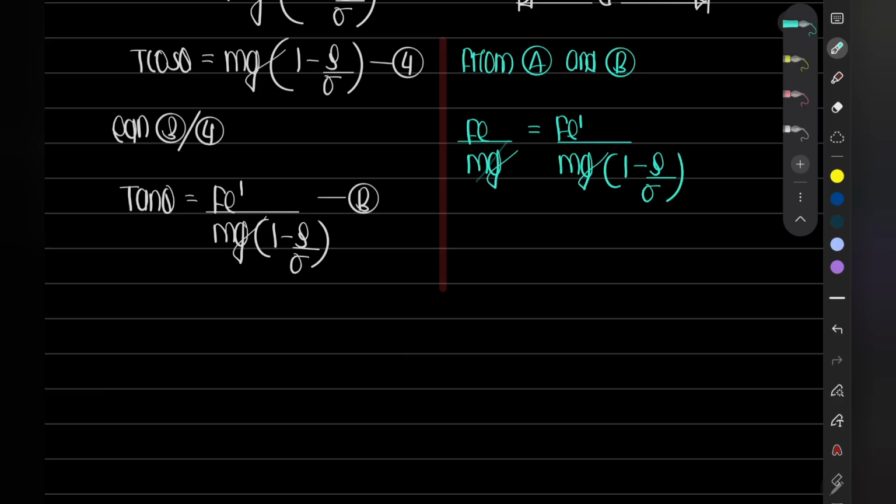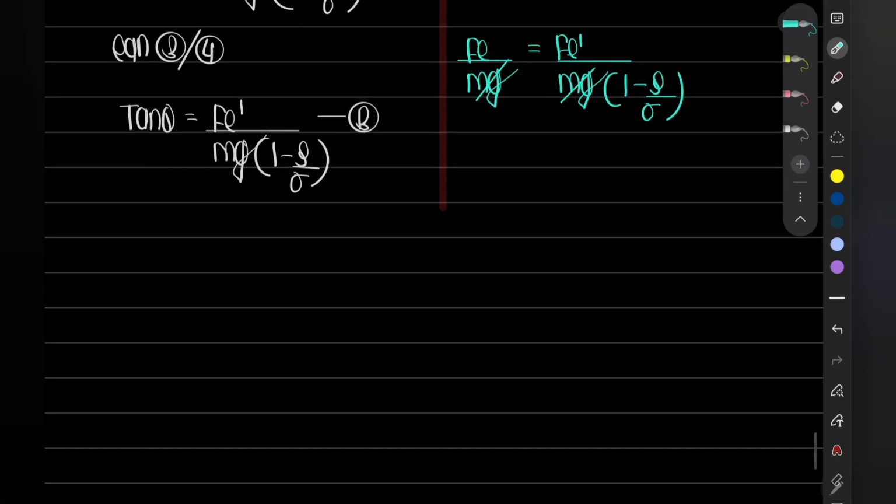Now this mg and mg will get cancelled out. Fe, that is 1 upon 4 pi epsilon naught, charges are same, q square, distance is d square.